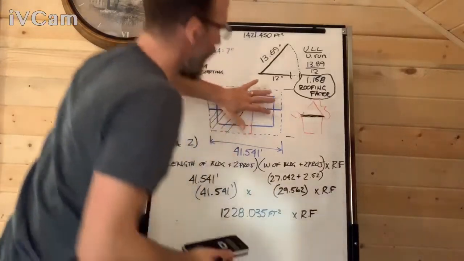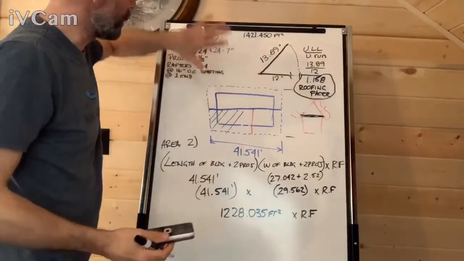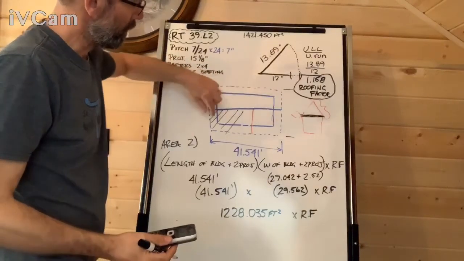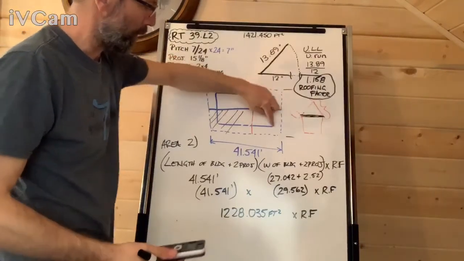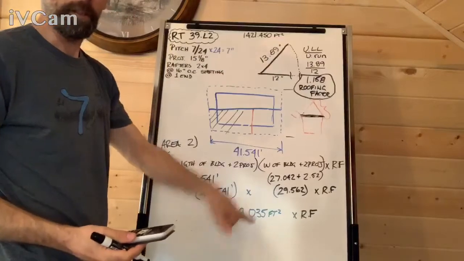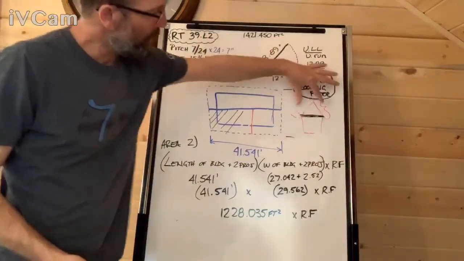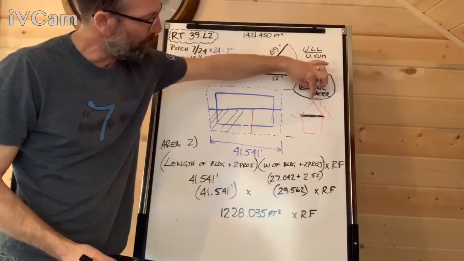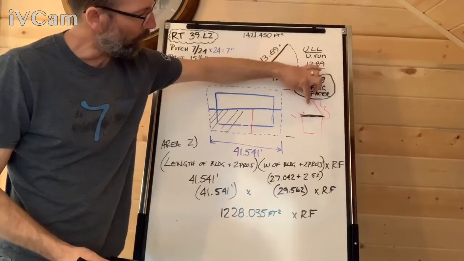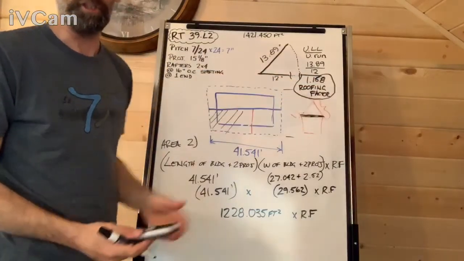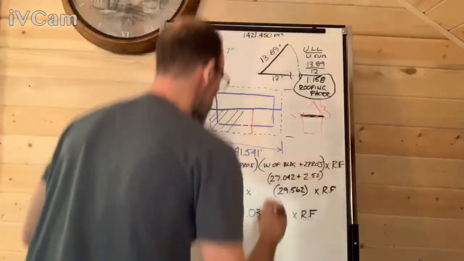This here on flat, if we flew over as a bird and we looked down at it, the span of our building plus 2 projections and the length of our ridge board, that's how many square feet it is if we're on the flat. Now if I grab that and pull it up, that's where my roofing factor comes in. This is 1.158 larger than this.